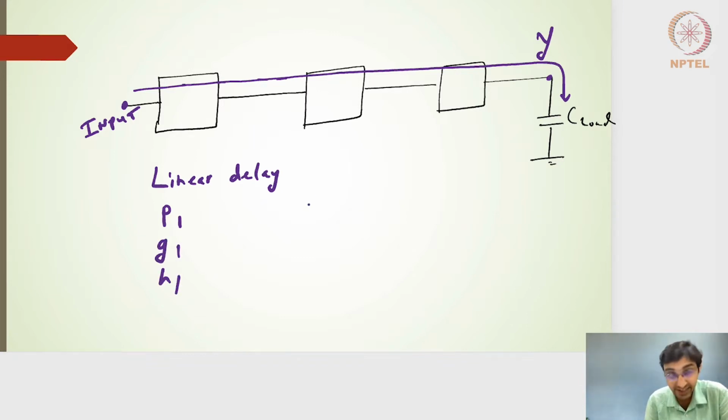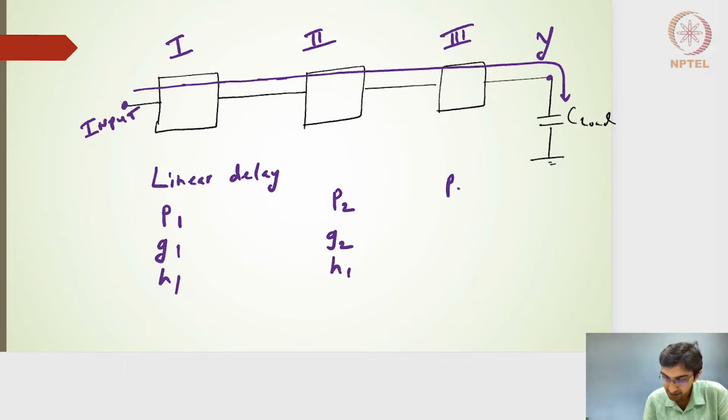And similarly for the next stage. So this is the first stage, this is the second stage, and this is the third stage. The third stage is loaded with some external capacitance, or it could be considered a load coming from another part of the circuit. And similarly, for the second stage, we will have the normalized parasitic, the logical effort, and the electrical effort.